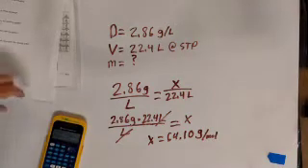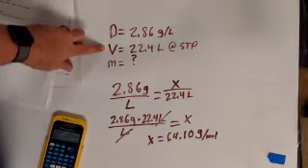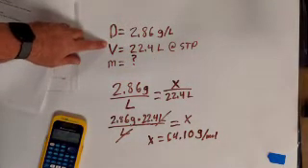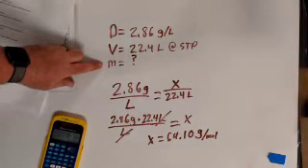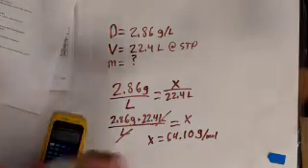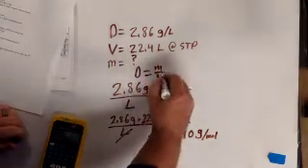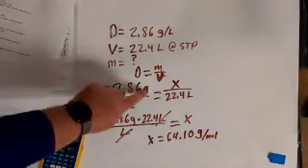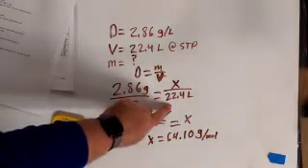All right, so if you're given the density, then the volume at STP is always going to be 22.4 liters for a gas. You know the density because it was given to you. You have to find the mass. So we set it up. Remember, density equals mass over volume. That's a V. All right, so we have density, 2.86 grams per liter, same thing as up here, equals X over 22.4.